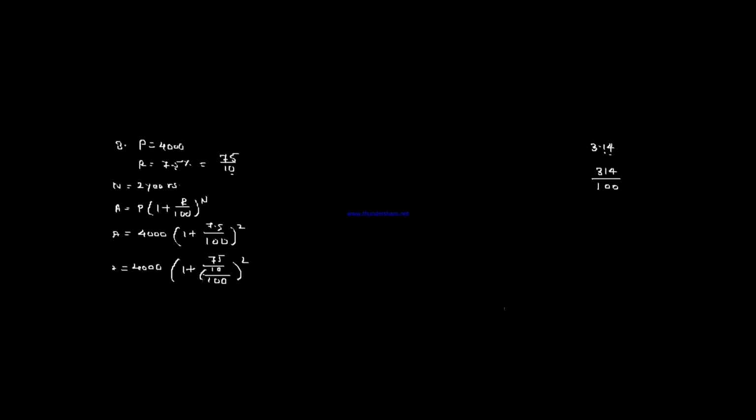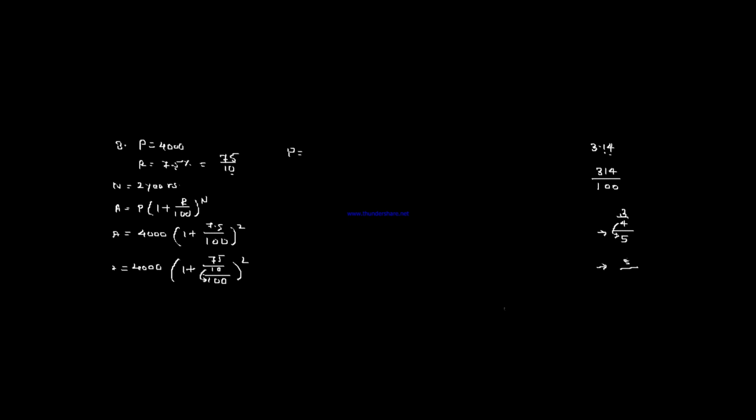And now by the fraction operations, this 10 will come down and get multiplied with the 100. As I told you, there are two types of jumbling operations in the fraction. Now this is the main fraction and there is another fraction in the numerator part, so this 10 will come down with the 100 and get multiplied.